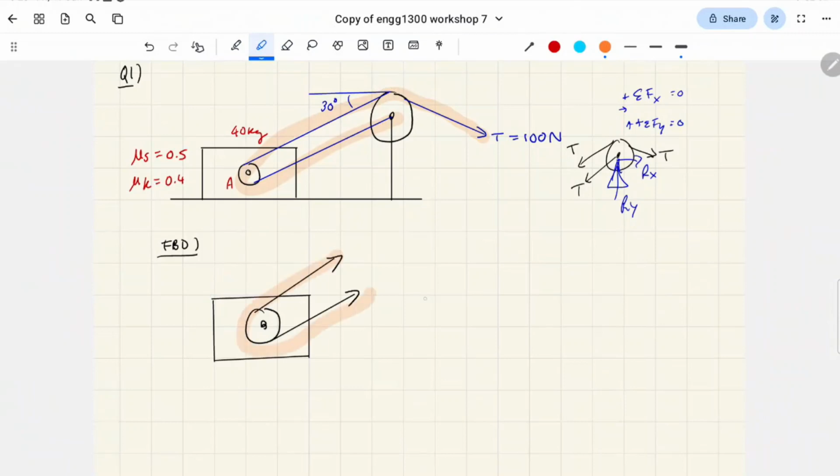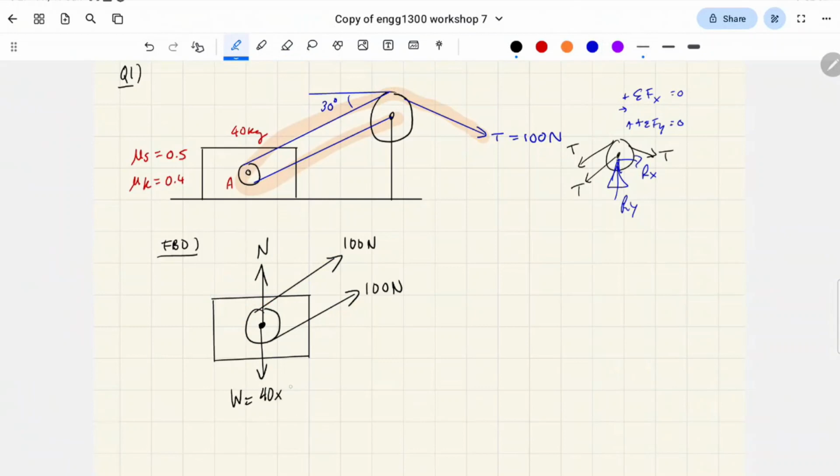Wrapping around like this. Therefore, it's going to have the same tension, right? And that's going to be 100 newtons. So that's good. And yeah, we also put in the normal force, which is acting on it. And we also put in gravity. Oh, sorry, the weight force. It's 40 kilos.